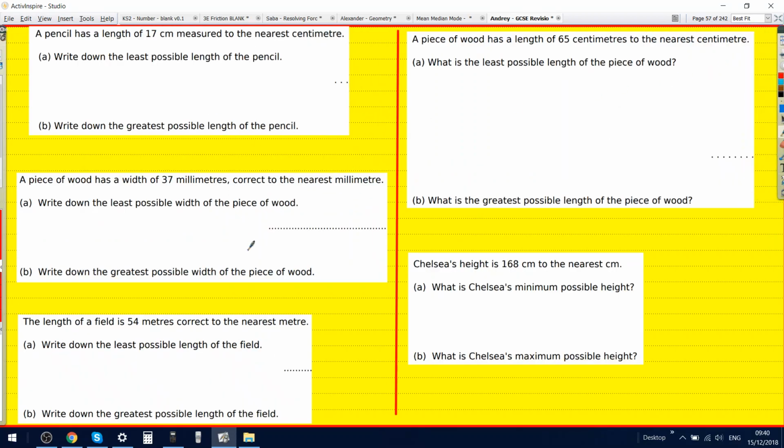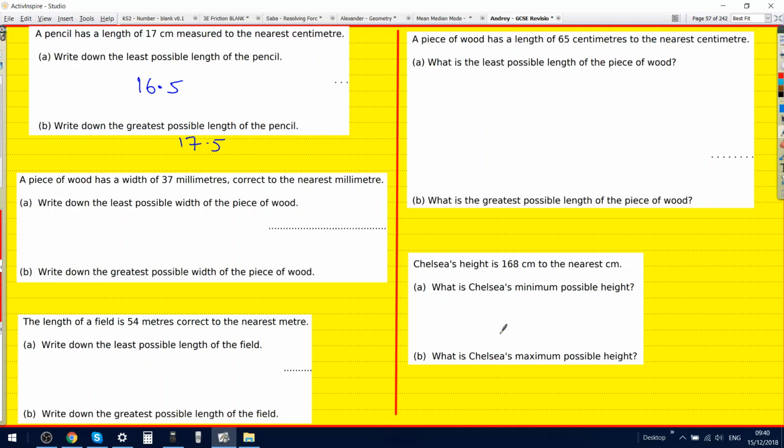Okay, how about this one on the left, top left? Is it like 16.5? Yeah. Is it 17.5? Yeah, and so even though 17.5 would round up, it's called the upper bound. It's on the boundary.